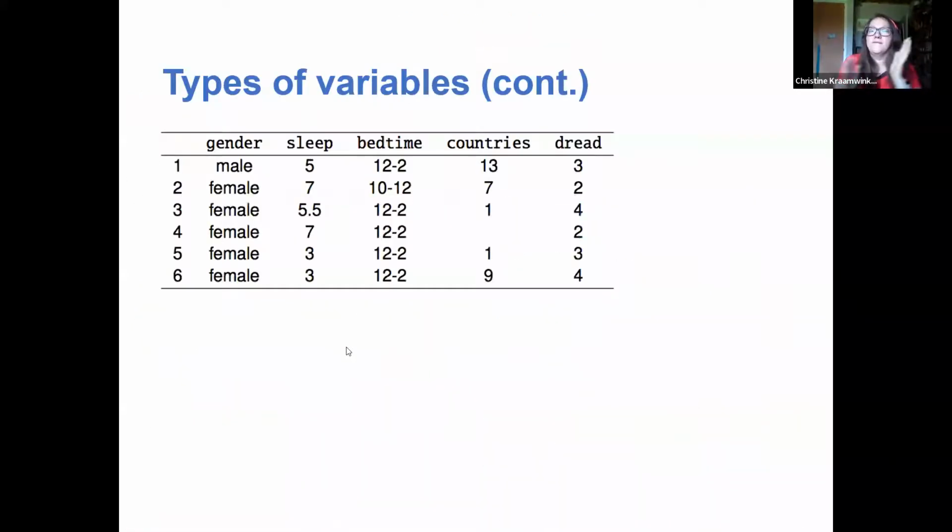So just to see whether everyone is comfortable with variables, let's just look at a few examples. If we're looking at gender, obviously, this is what your data would look like. So if we look at this, we can very clearly see that this is categorical data. Now, if we look at the next column, sleep, any idea, anyone want to venture a guess what type of data sleep would be?